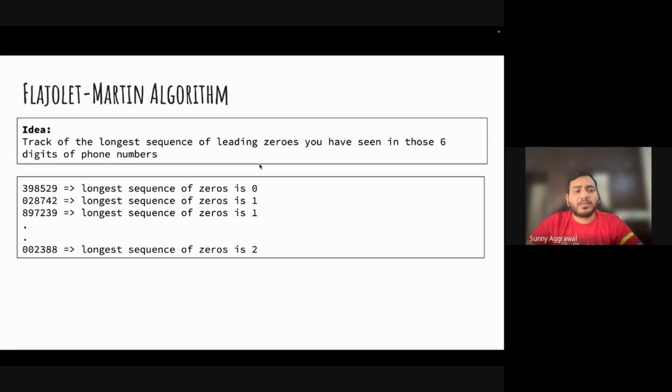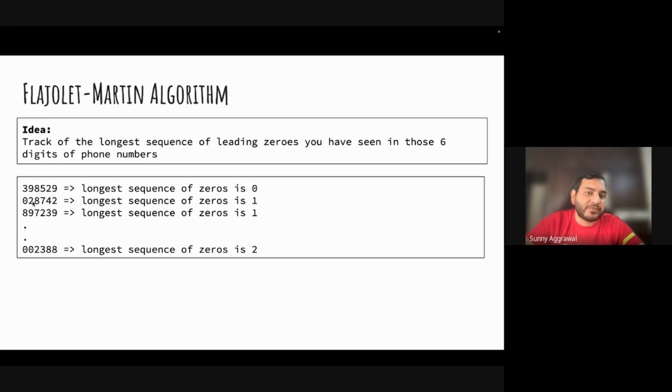Correct. Because you have seen only 2 zeros, that means all the numbers were in the range of, let's say, 00 to 99. That is an approximation: since you have seen only 2 leading zeros, mostly you have seen 100 people at max.